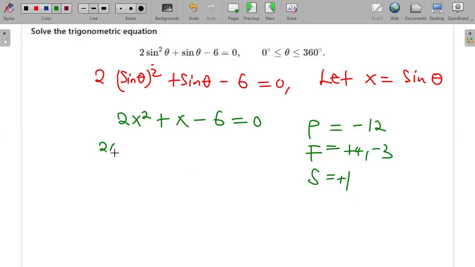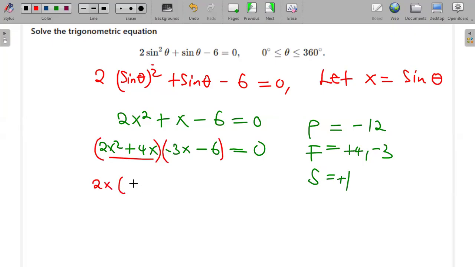So it will be 2x squared plus 4x minus 3x minus 6 is equals to 0. From there, I'll just group this guy with this, that guy with that. What is common here? 2x. What I remain with there, I remain with x plus 2. Then what is common here? Minus 3. I remain with x plus 2 is equals to 0.